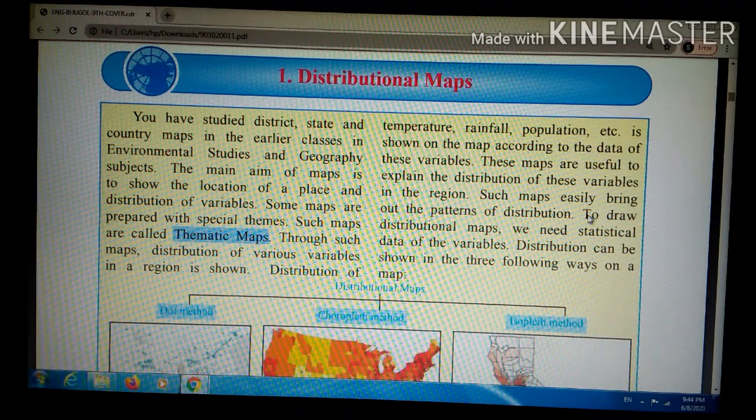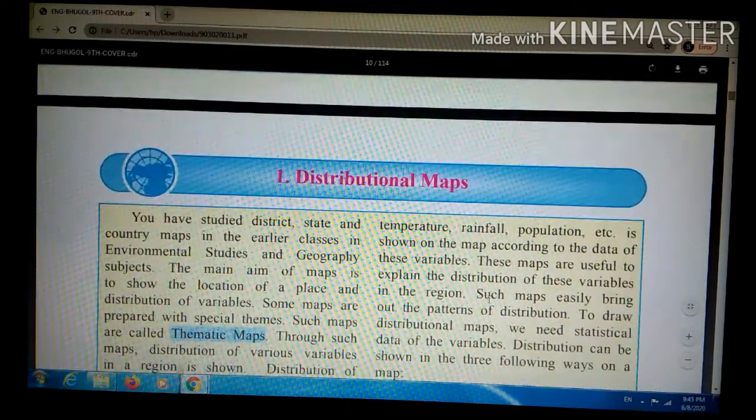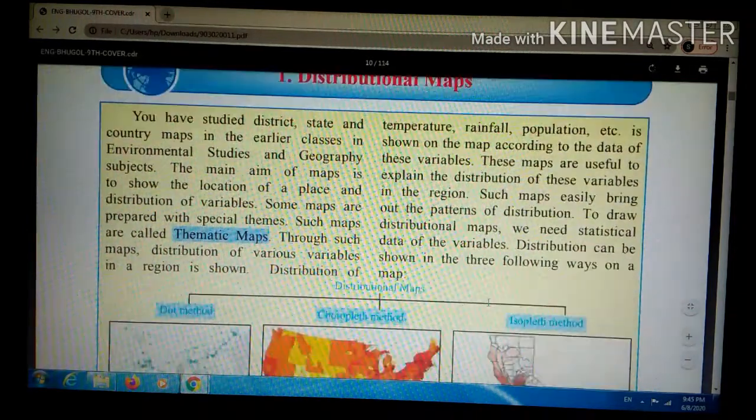So, today I am going to teach you class 9th, the first chapter in geography, that is distributional maps. In distributional maps I have taught you some parts.